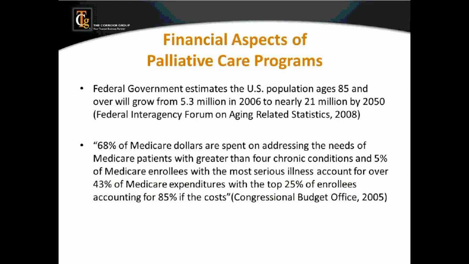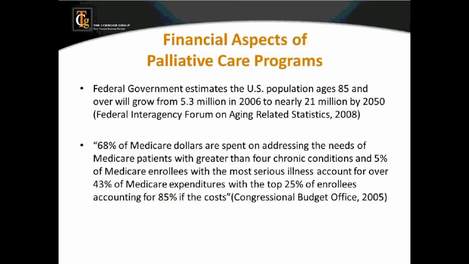So just that statement of 68% of Medicare dollars spent on addressing the needs of Medicare patients with greater than 4 chronic conditions. So that could be COPD, which is chronic obstructive pulmonary disease, which then in turn usually produces congestive heart failure. Then of those, we have a lot of patients that are activity bound.